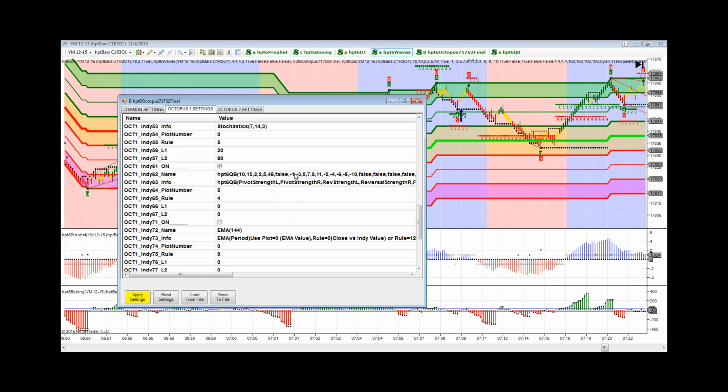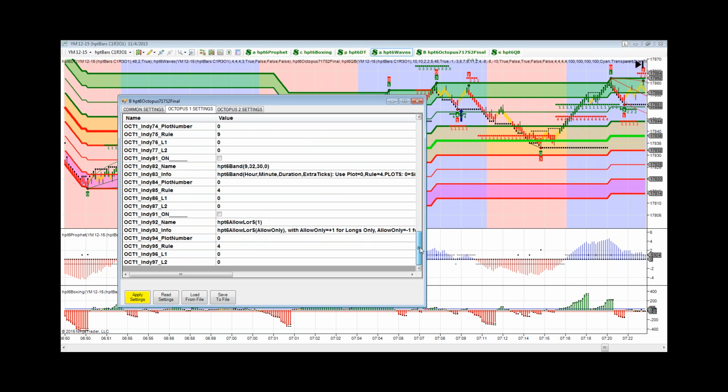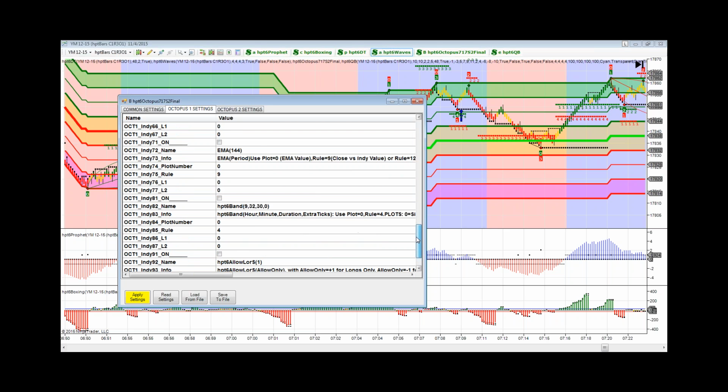Negative number means it's not looking at the waves. Positive number means that it is. So in this case, it's looking for waves 5, 7, 9, or 11, and that's trend specific, like we mentioned. And that's all the Octopus 1 is using.